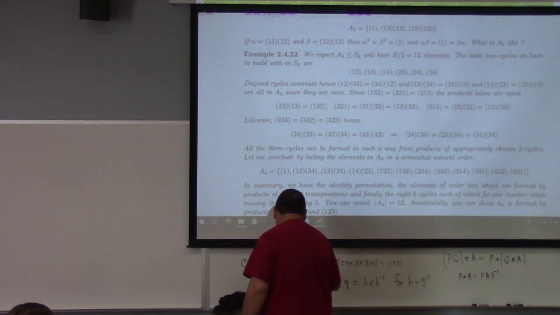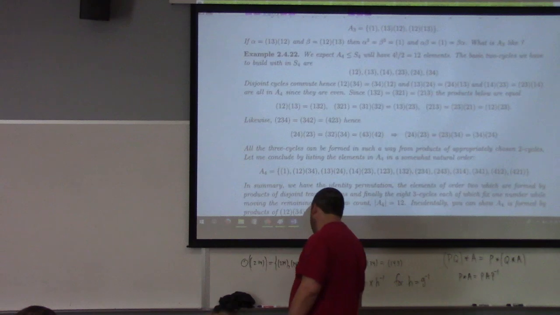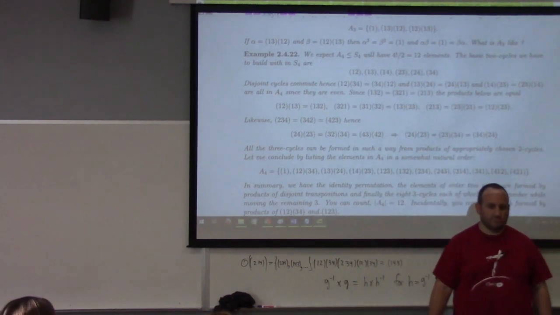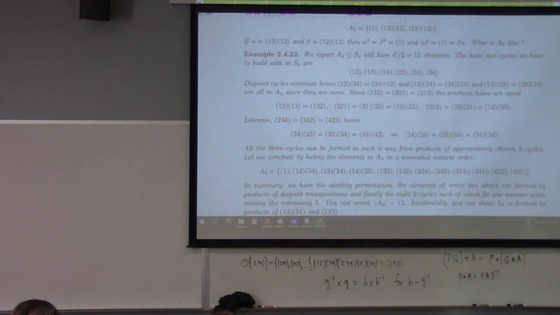But we also got 1, 4, 3. And orbits disjointly partition the set, right? In this case, the set in which we're acting is A4. So we know those 3-cycles belong in that conjugacy class. So what do you got to do?